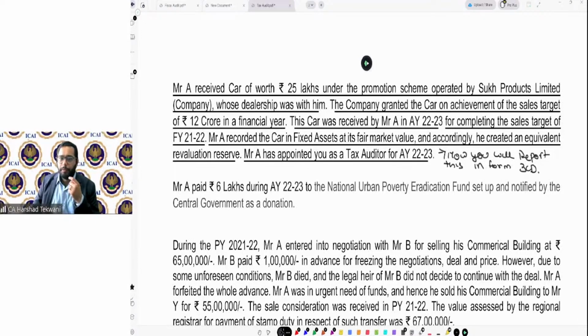Come on, guys. Where will you report this particular transaction? Quickly. Where will you report this particular transaction?